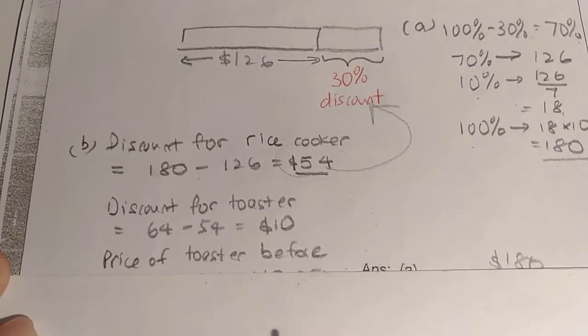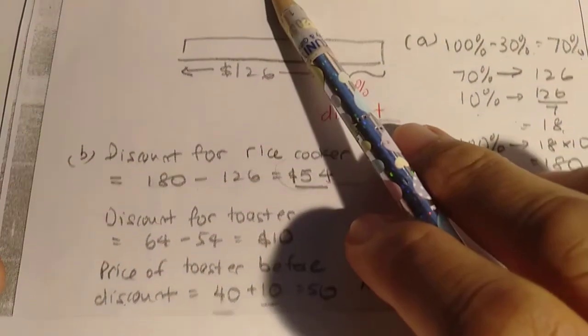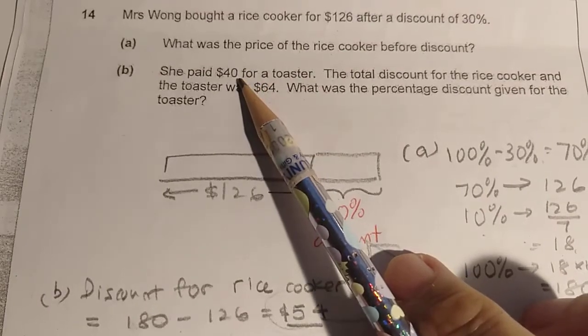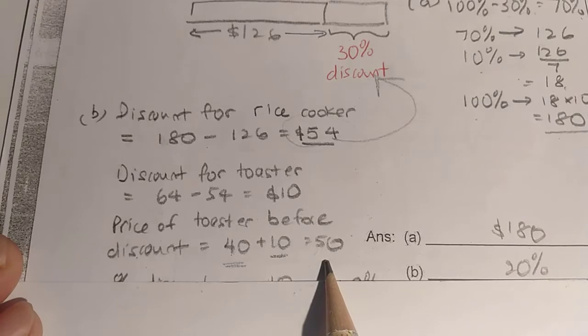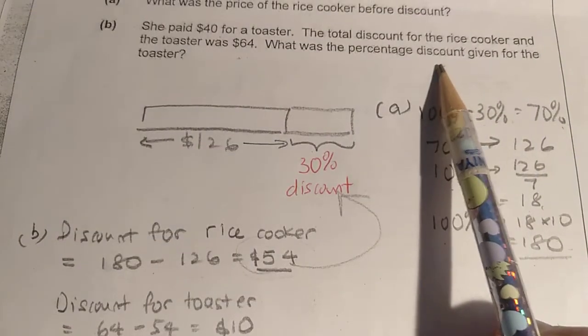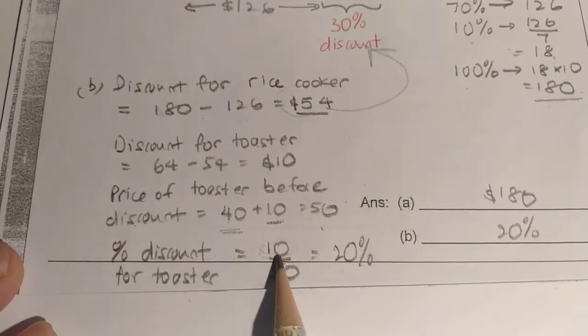So I know the price of the toaster before the discount must be the discount for the toaster plus the amount that she paid for the toaster here, and this is the cost of the toaster before the discount. So they will ask what is the percentage discount given for the toaster. I use the discount amount, which is $10, divided by the original price, which is $50, and I get 20%.